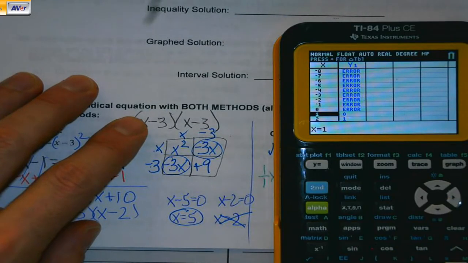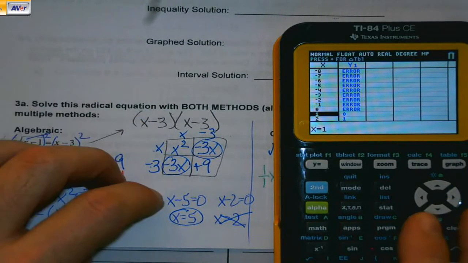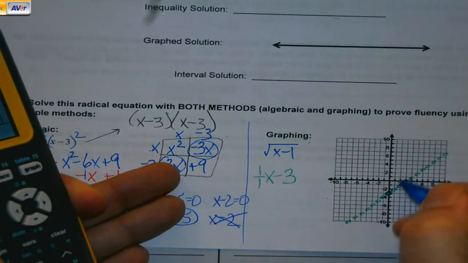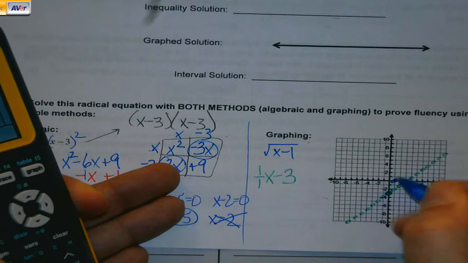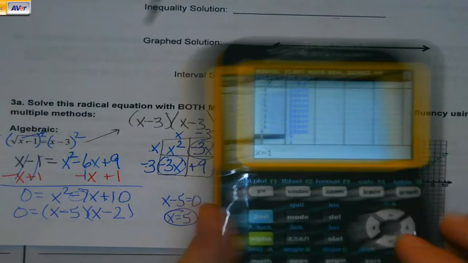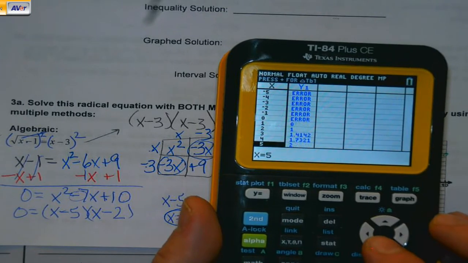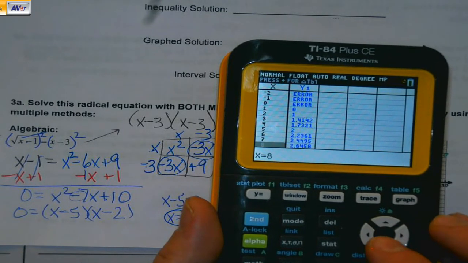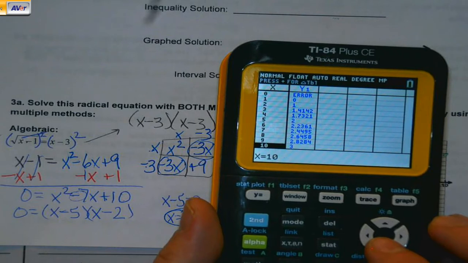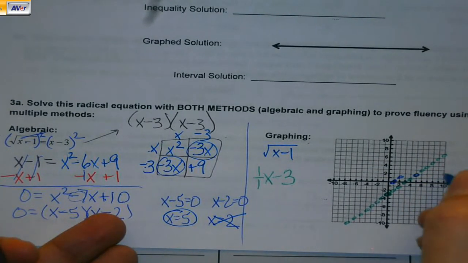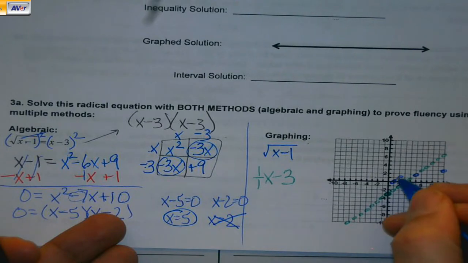So let's see, we've got 1, 0, and 2, 1. What else have we got here? Because we'd be just looking for whole numbers if we were doing this. So we got 5, 2, 10, 3.